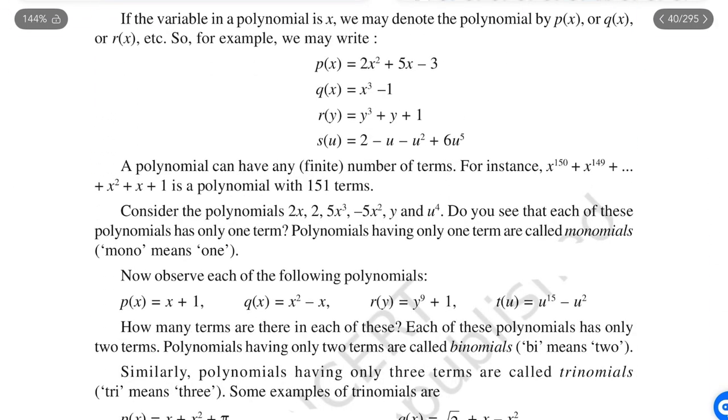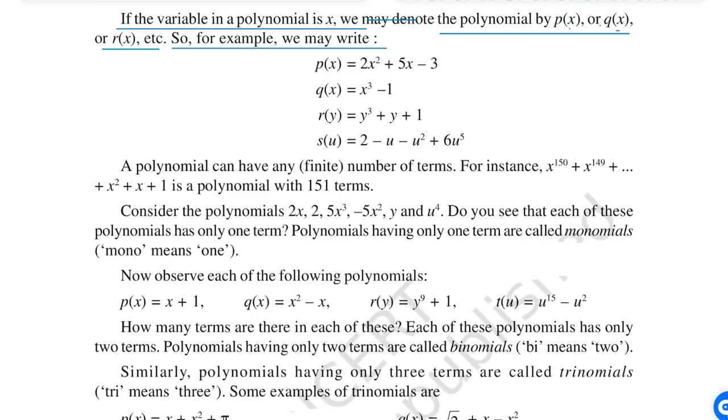If the variable in a polynomial is x, we may denote the polynomial by p(x) or q(x) or r(x), etc. We can take any name, any alphabet.